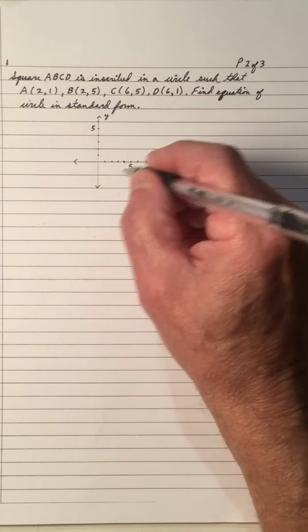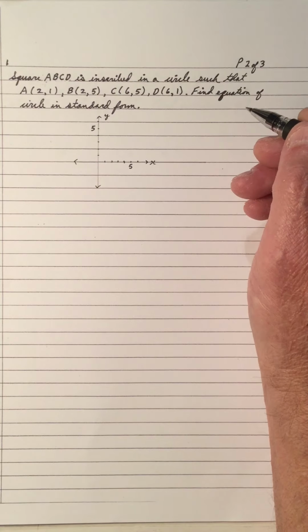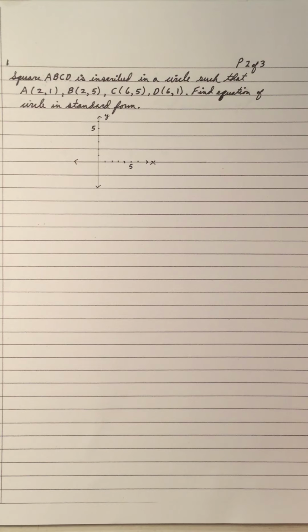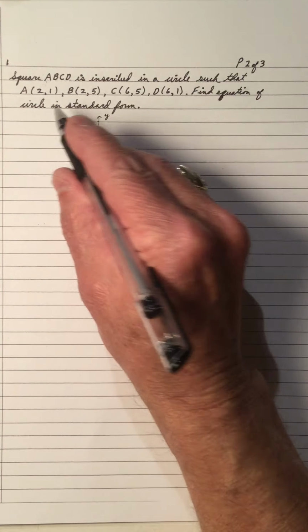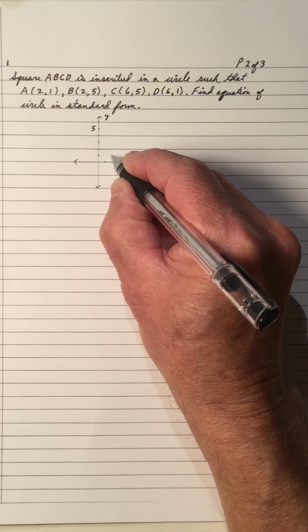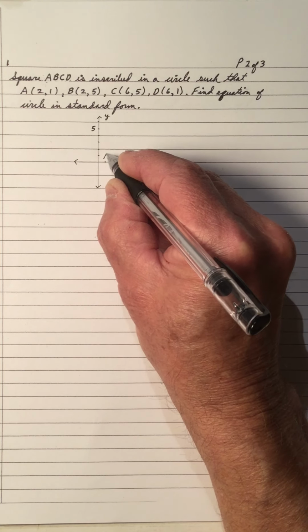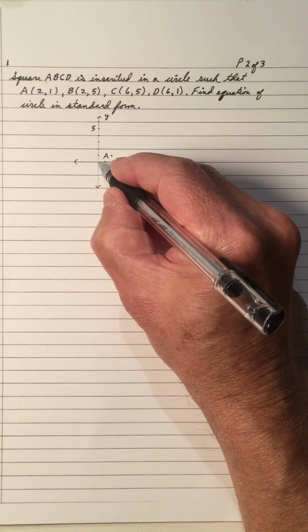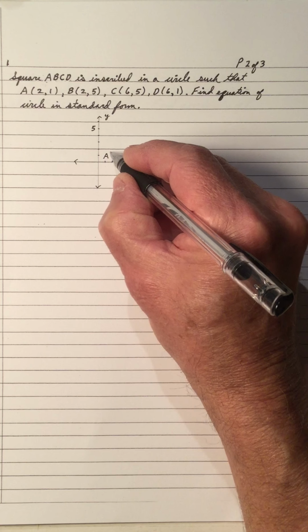I've got a grid drawn here, and I always draw a grid to help me explain or see what's going on. The square: A is (2, 1), x is 2, y is 1. So that's A. B is (2, 5), x is 2, y is 5.